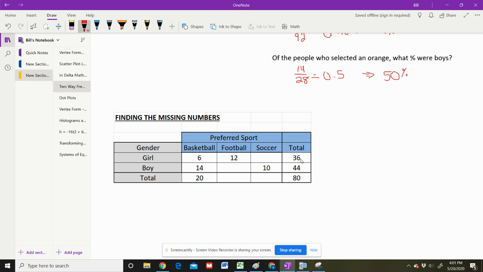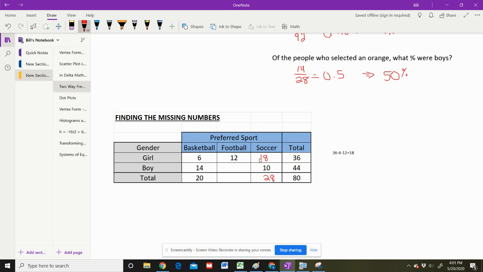I would take 36 and subtract 12 and 6 from it, and that would tell me how much I have left over. So 36 minus 6 minus 12, what does that equal? 18. So I know that I have 18 for this number. That means now I can find out what my total is here. 18 plus 10 gives me 28.